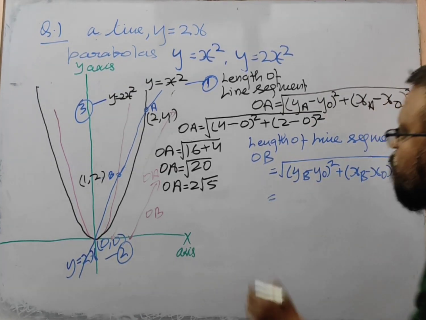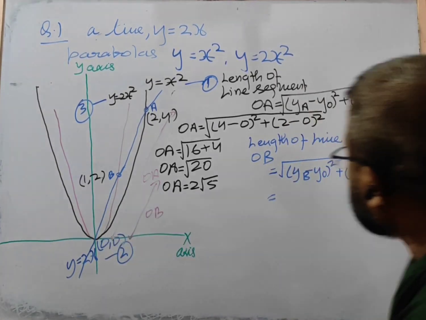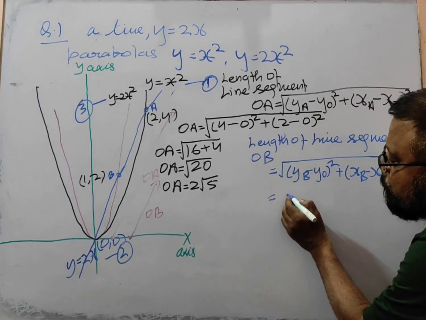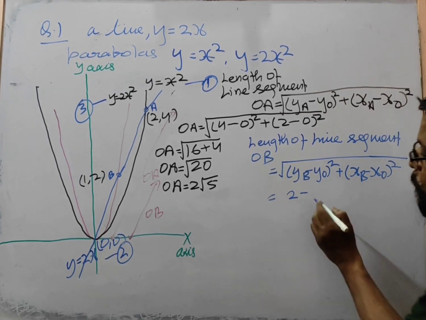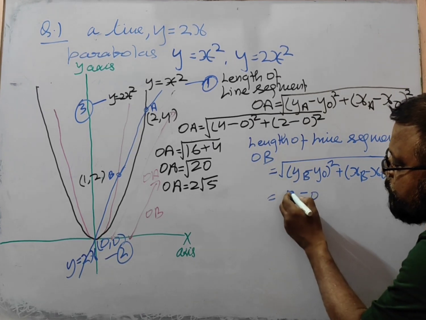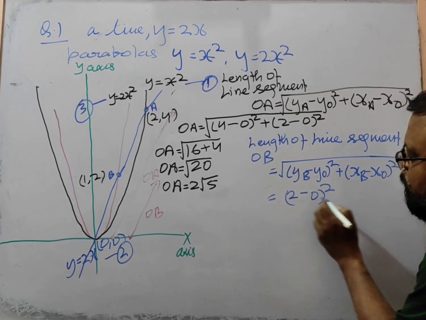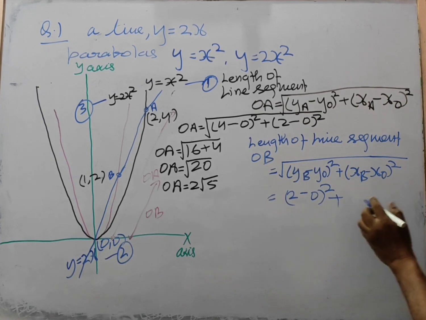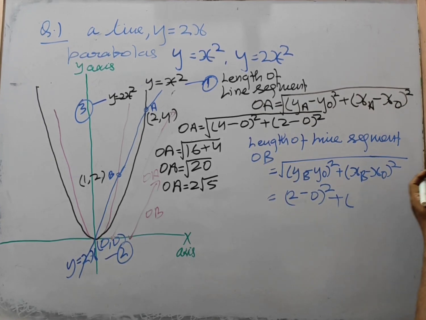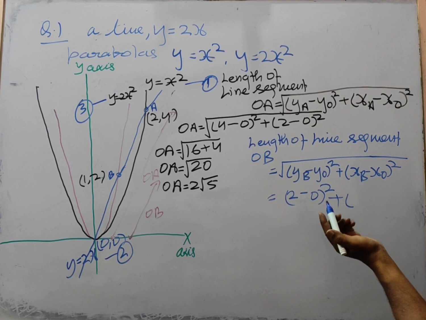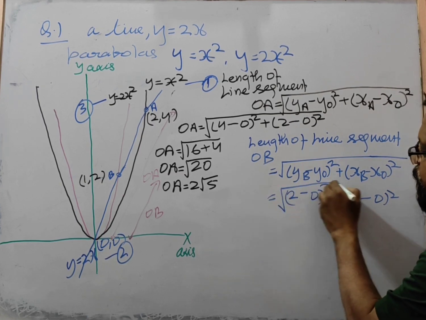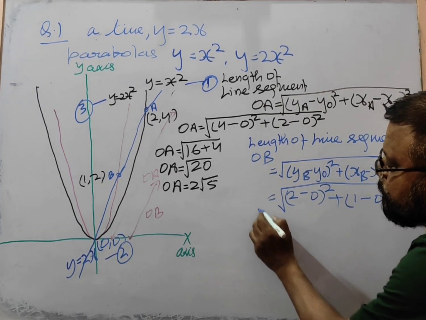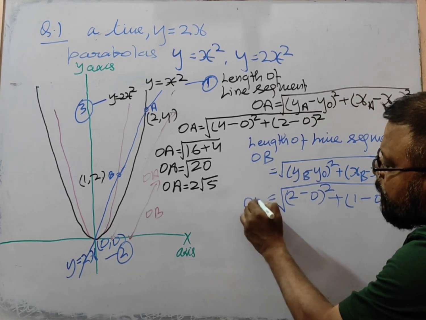So yb is 2, so it becomes 2 minus yo, which is 0, whole square, plus xb is 1 minus 0 whole square. So we take the square root of all this. So this is line segment OB.